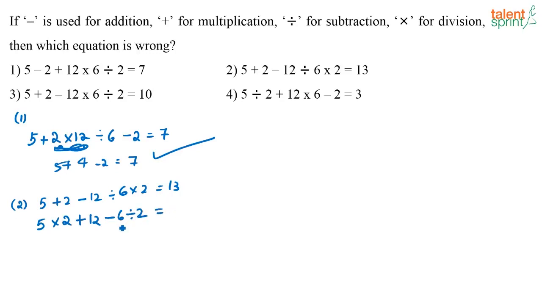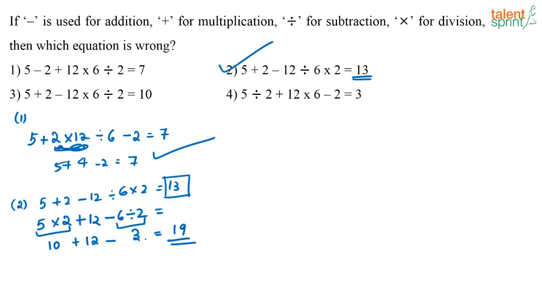So here 6 divided by 2 is 3. Similarly five 2s are 10. So I have 10 plus 12 minus 3, that is equal to 22 minus 3, which is equal to 19. But what is the value they have given here? 13. So the second one is the wrong equation. The actual answer should be 19, but they have given 13. So this is the wrong one. The correct answer is option 2.